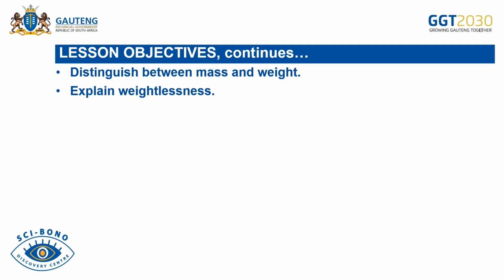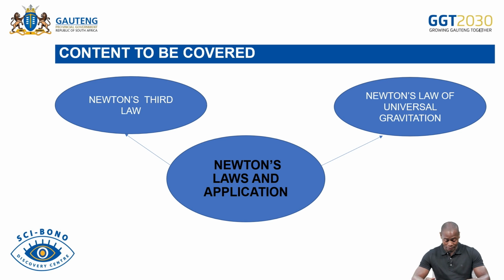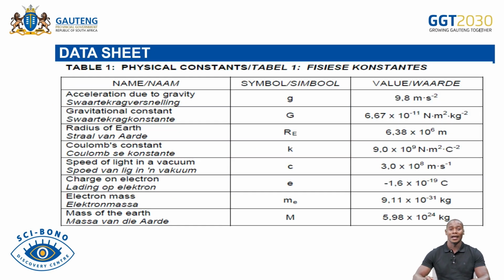So that is what we are going to focus on today. This is the content that will be covered. It's still on Newton's laws and application, and the focus is more on Newton's third law of motion and Newton's law of universal gravitation.